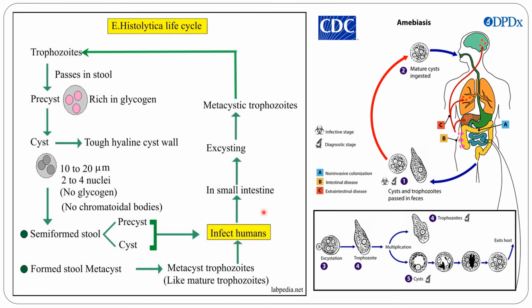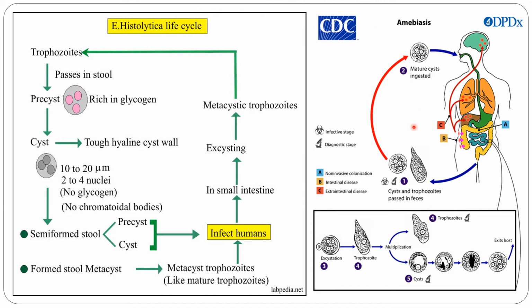So it can infect in two ways. When it enters the human, it reaches the small intestine, then excystation takes place, metacystic trophozoites form, and then they become trophozoites. In such a way, the cycle is repeated.